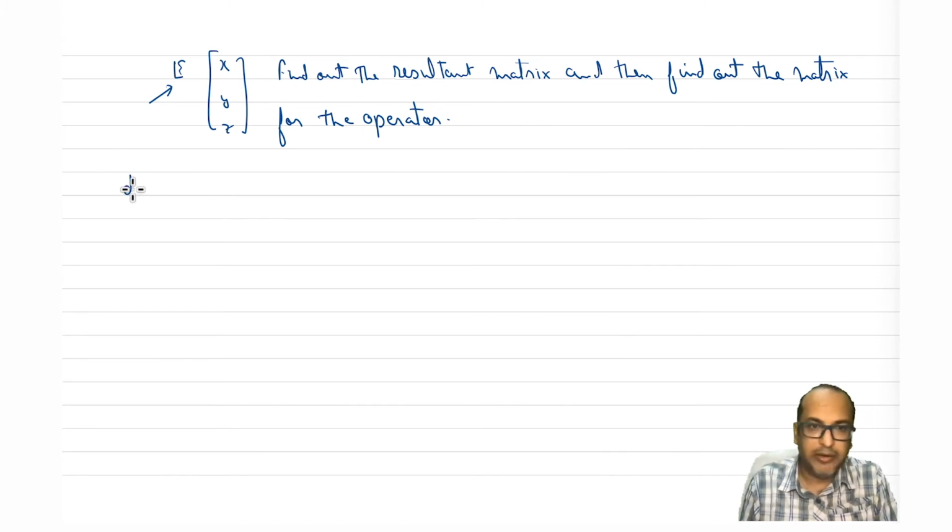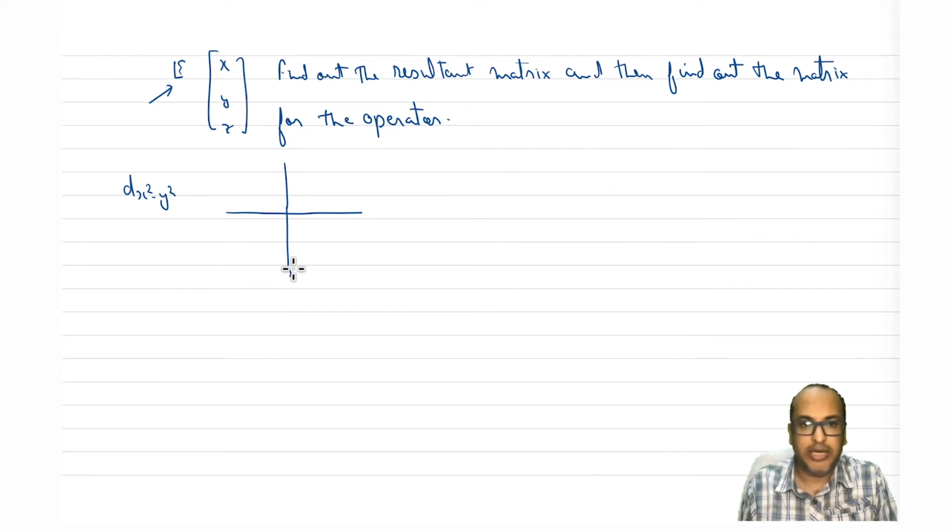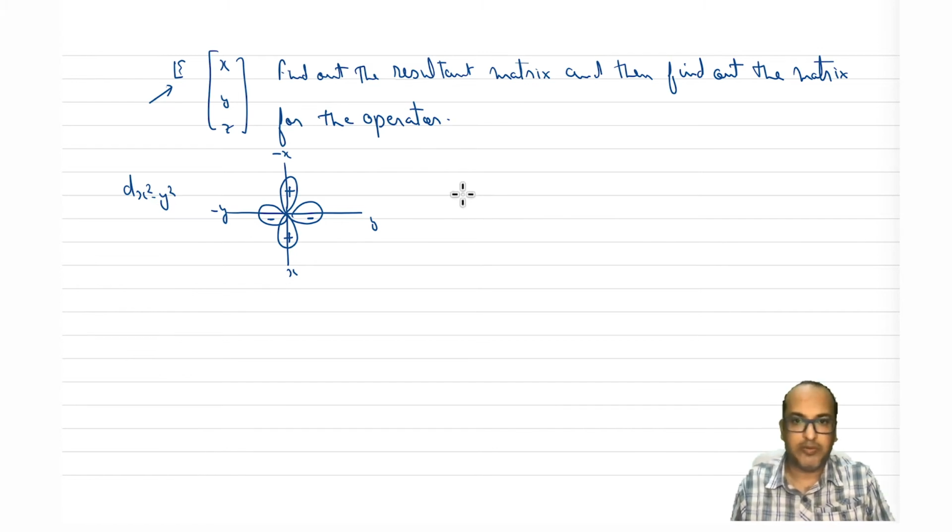So for example, if I'm taking dx square minus y square, and then I take the shape of these orbitals, because this is x square minus y square, I will just draw x, y, and z is coming out of the plane of the board, right? So x square minus y square would have the lobes lying along the axis, and these two will be positive and this will be negative, right? We know what is the shape of dx square minus y square.